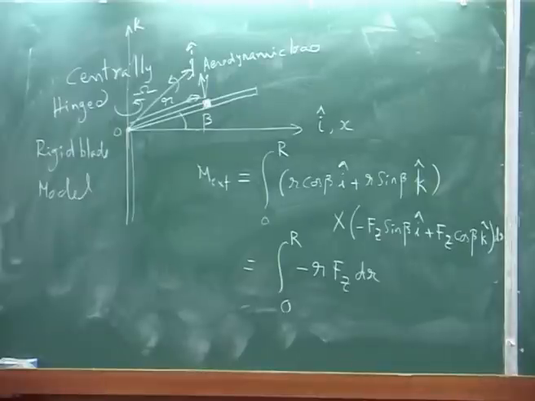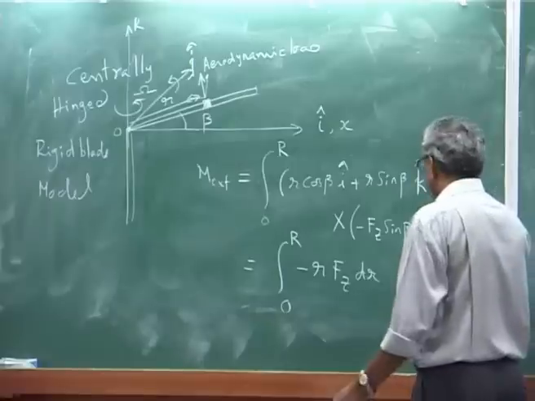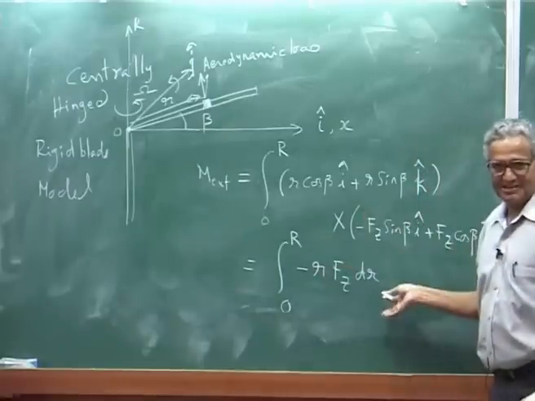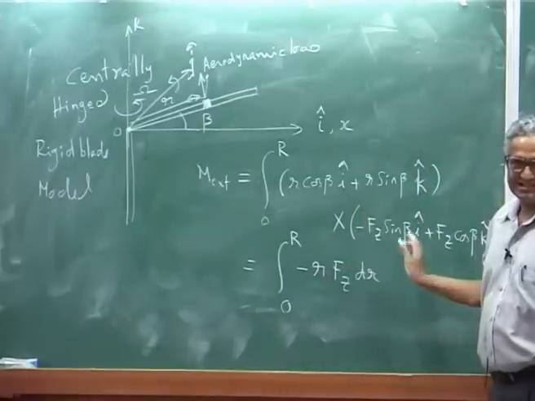Now your flap equation is clear. I'll write the flap equation. This is along J, only J. J is the only moment, only one component along J. So I am just taking moment.